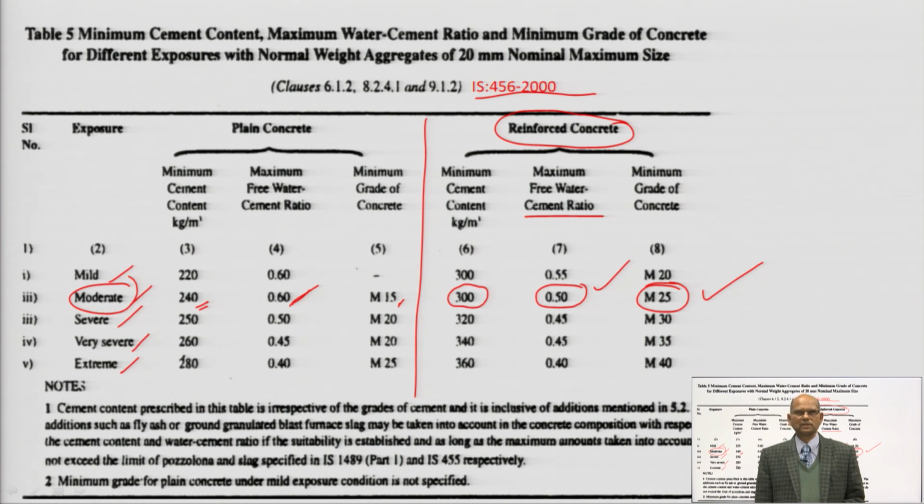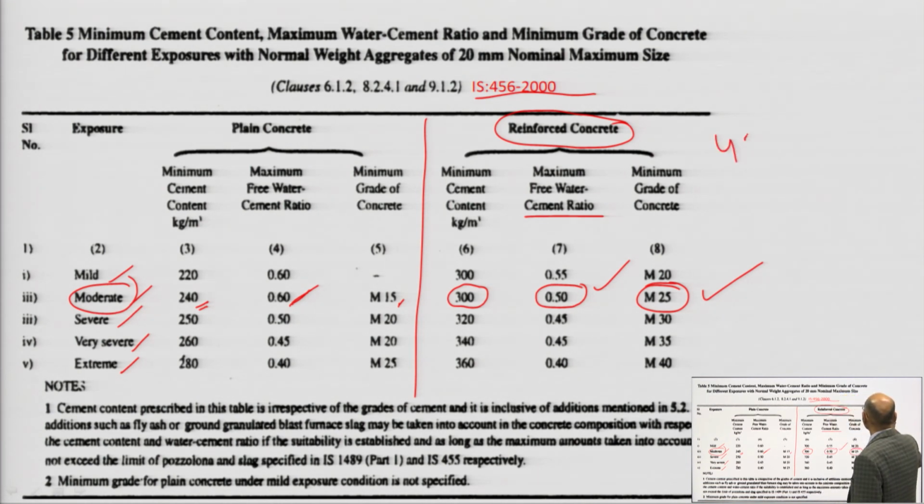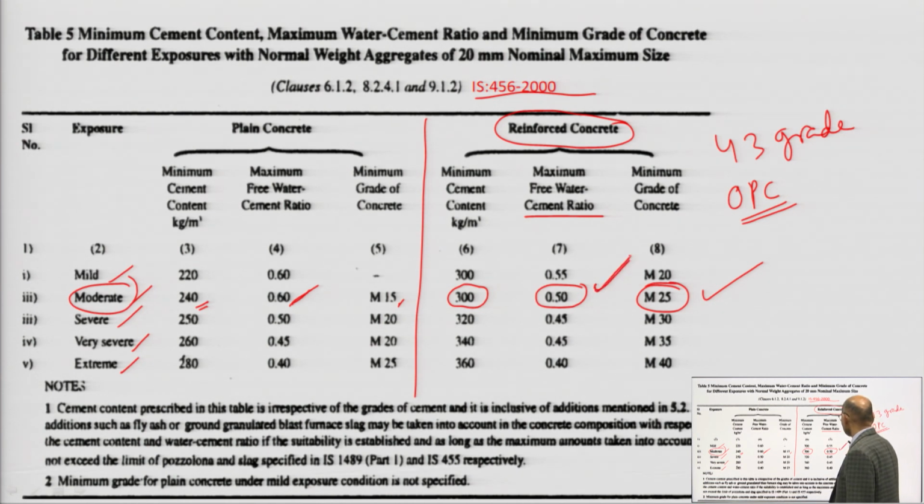If you are using those, the water cement ratio will be based on that ratio, but in our case we are using only 43 grade OPC, ordinary Portland cement. In that case, the maximum free water cement ratio required is 0.5.